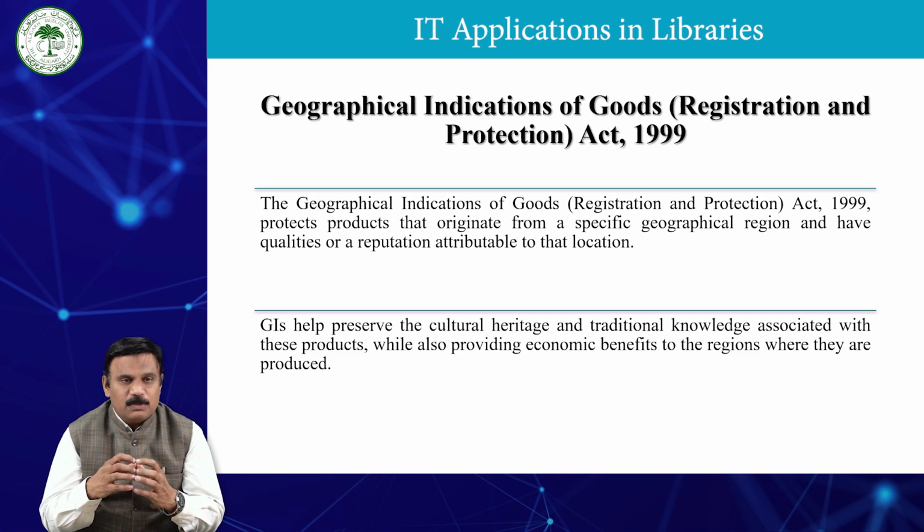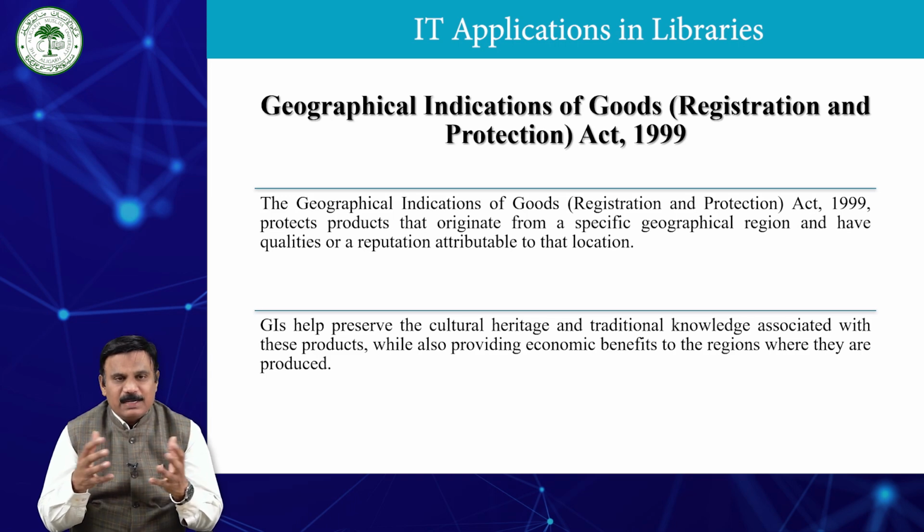Now we are discussing the Geographical Indications of Goods Registration and Protection Act of 1999, which protects products that originate from a specific geographical region and have qualities or a reputation attributable to that location.